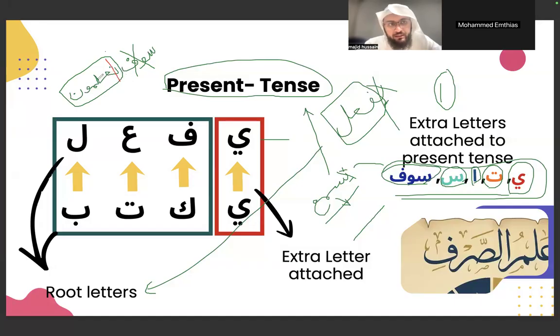Now I have Ain, Lam, Meem, Waw, and Noon.